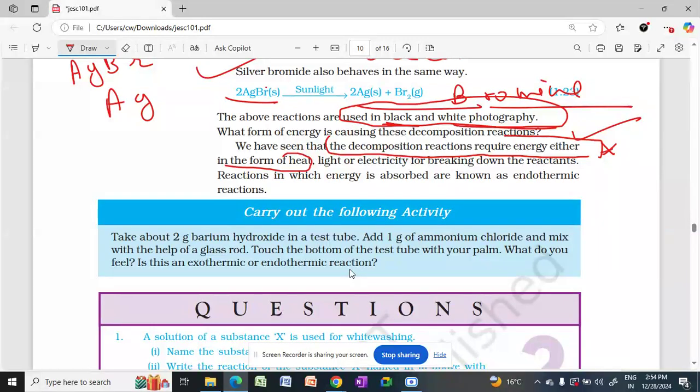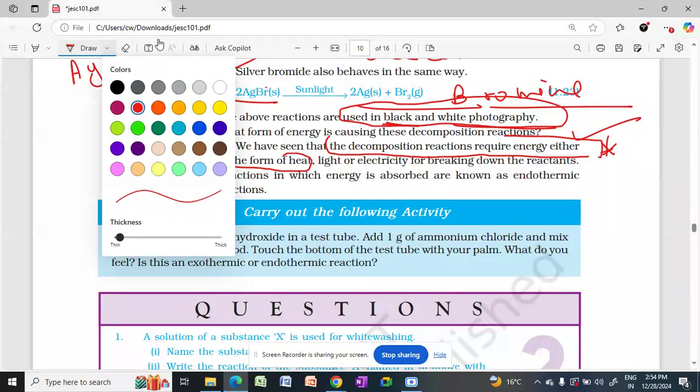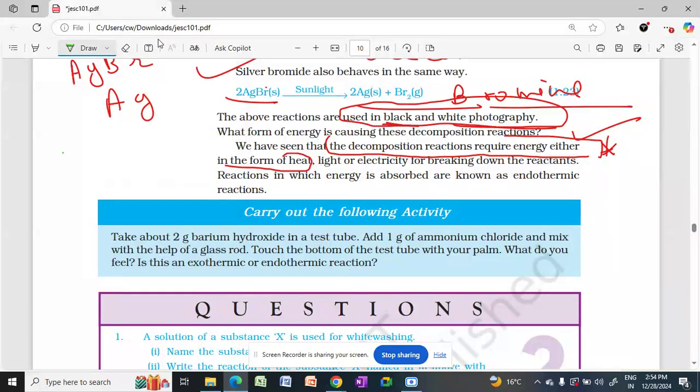They require energy. And now here the question arises, from where will this energy come? Either in the form of heat, light, or electricity. Obviously for breaking down the reactants, energy is required.